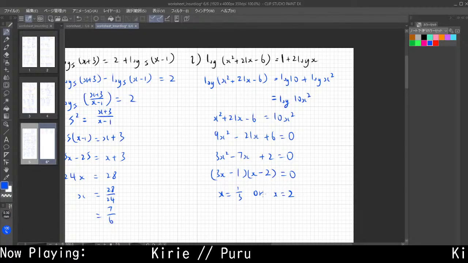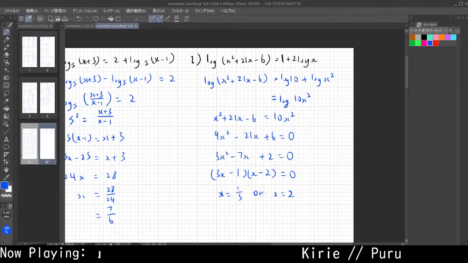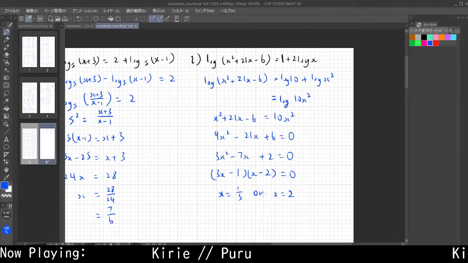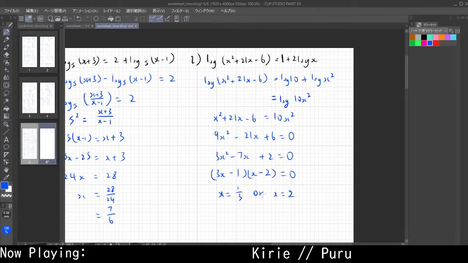Log 2 squared 4 plus 21 times 2 42 minus 6. Okay, 1.6. Right hand side 1 plus log 4, 1 plus 2 log 2. Same answer. Both are accepted answers.